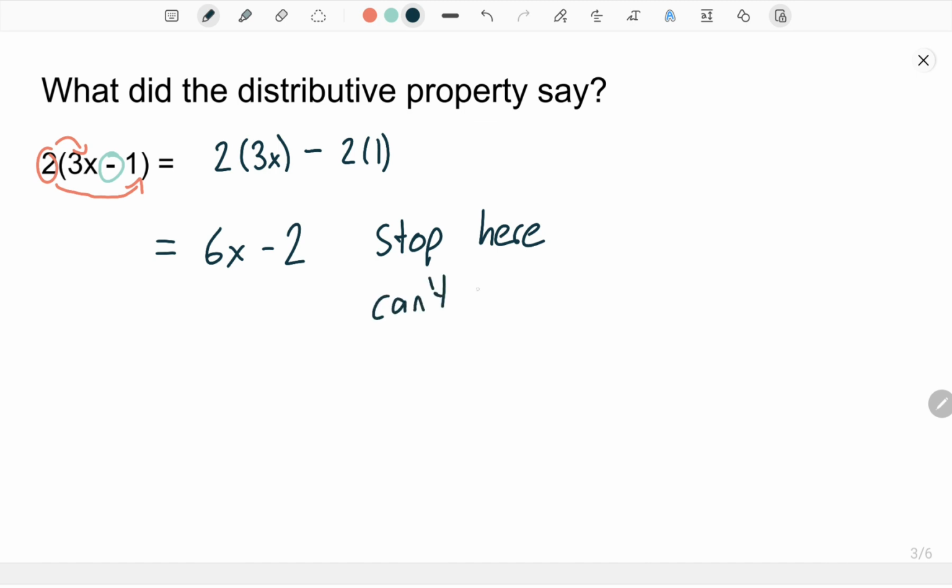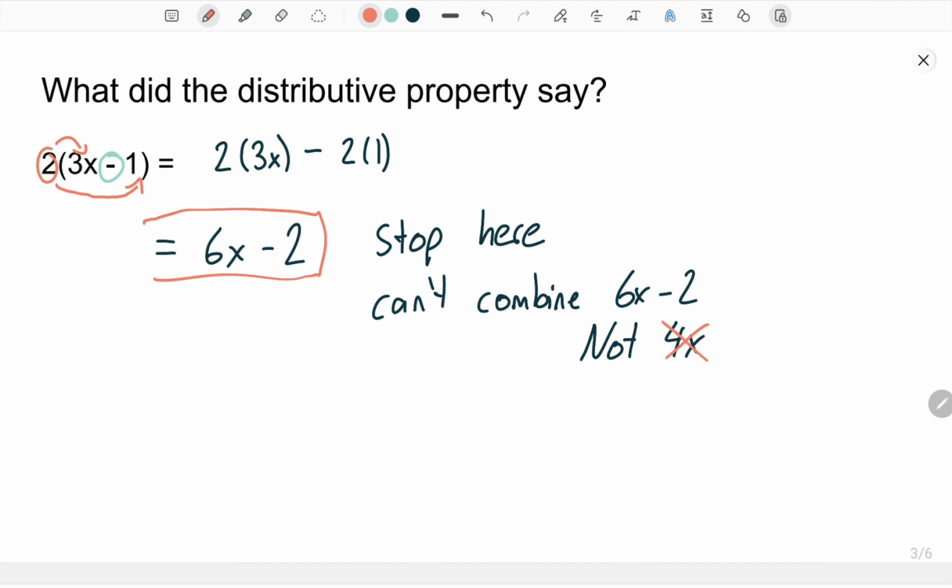You can't combine 6x minus 2. It's not 4x. That is bad math if you do that, so be very careful about that. This is the final answer: 6x minus 2.